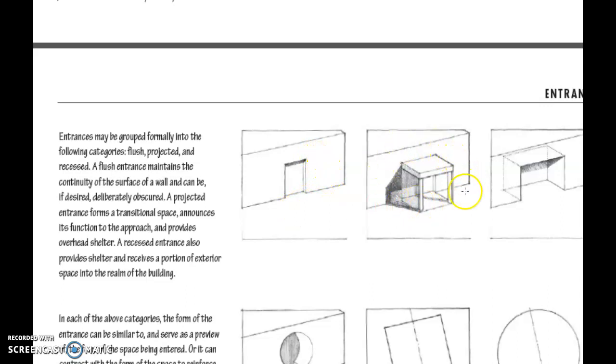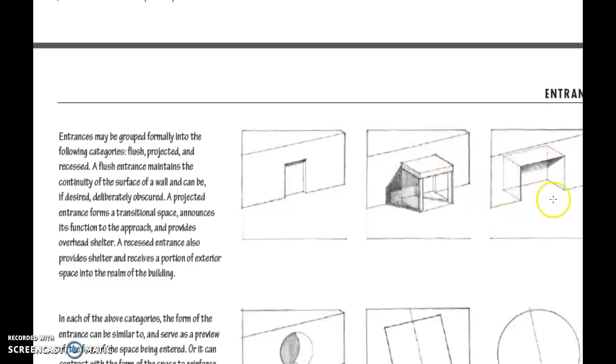This could not be a normal entrance door for any room from the corridor, but it could be an entrance to any building, right? Because this has some projection which is supported by a certain set of columns. So it is protruding from the face of the building.